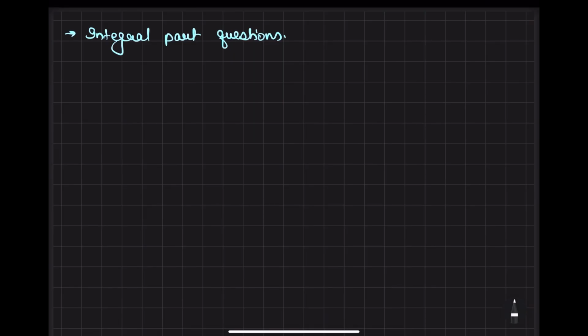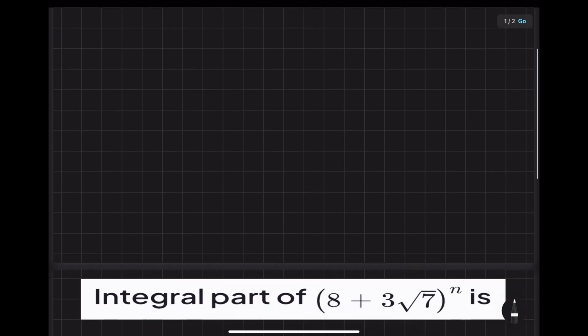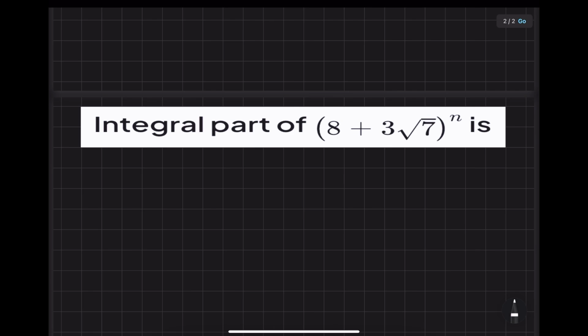So in this part of this chapter, you will comment on the integral part, whether it is an even number, an odd number, or which kind of thing. We will be giving you these kind of questions. I will be giving something plus something power n. You know that if you expand this, you will end up having something point something, because it's a complete number.